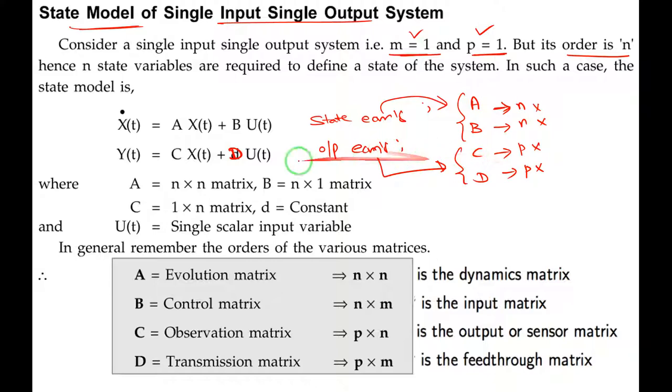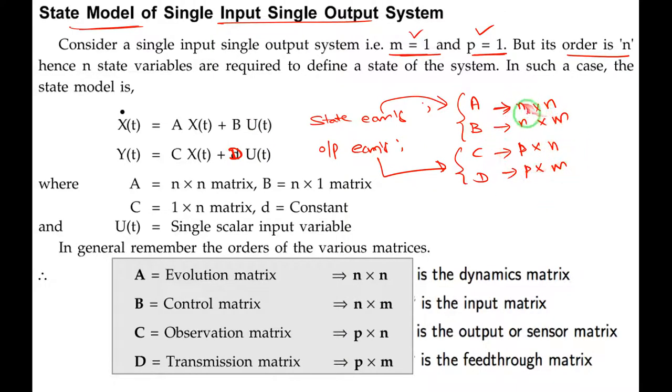For C and D, related with output equations, p is the number of outputs, right? p cross m. So n for number of state variables, m for the number of inputs, right? Because it depends on the state variable and input. State variable is n and input variable is m, n cross m. I hope you are getting.